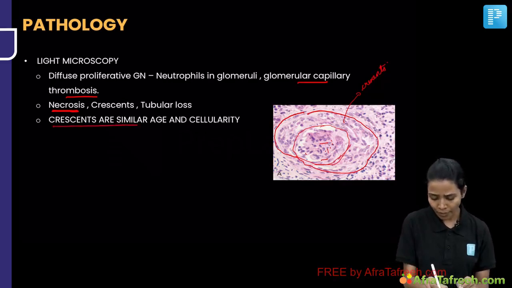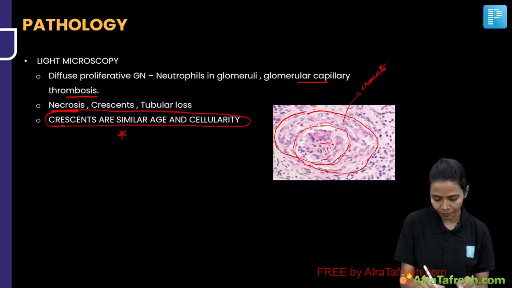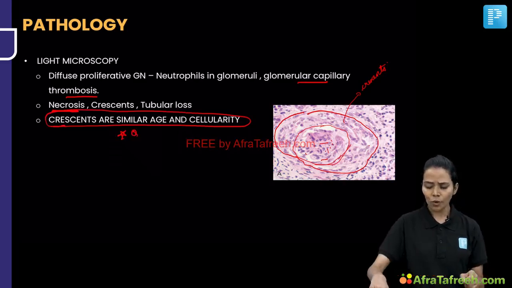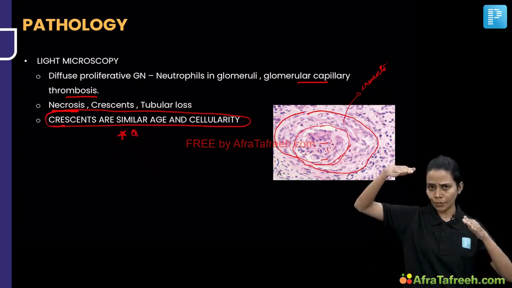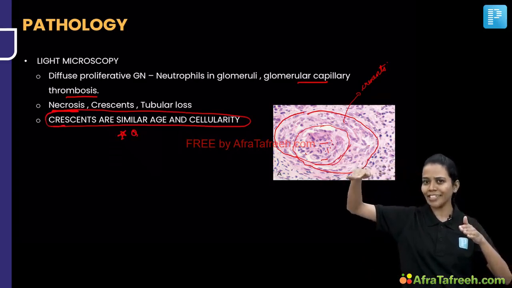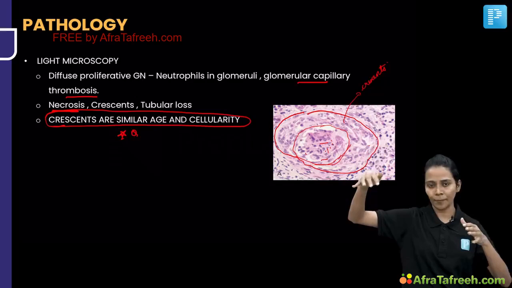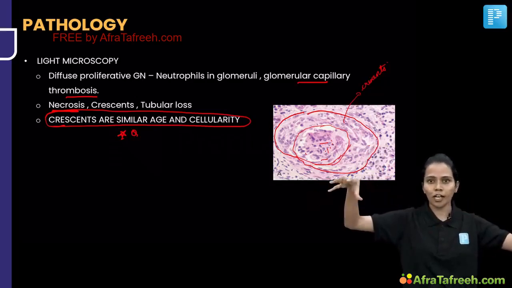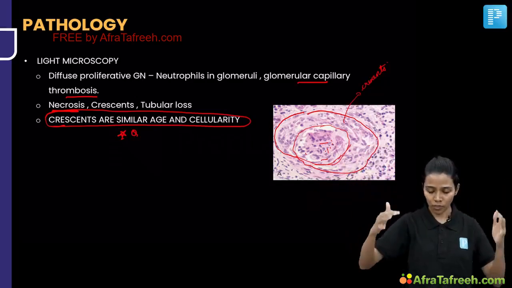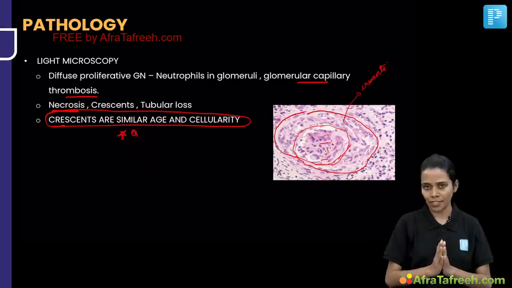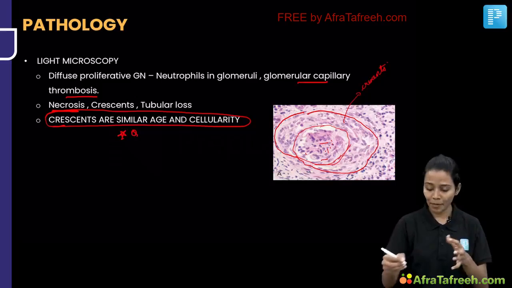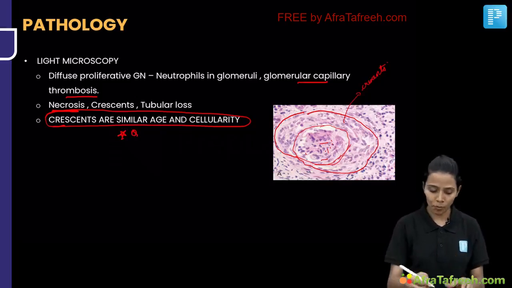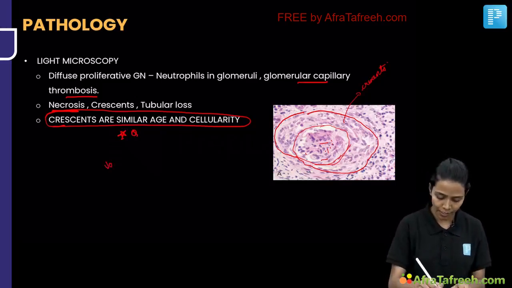The most important thing about this is that crescents are of similar age and cellularity. What happens is a lot of anti-GBM antibodies are produced at a time, hitting the kidney at the same time. So all glomeruli are affected at the same time, causing similar age crescents. This is important because the same light microscopy picture, you're also going to see in vasculitis.